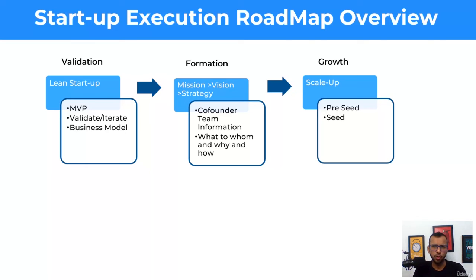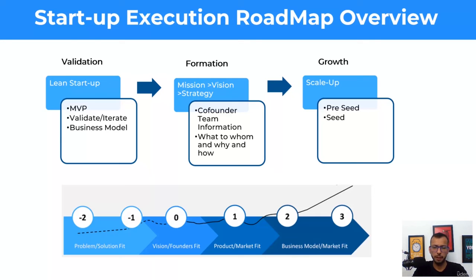Now that's a very short roadmap you have in front of you, but we can also go and learn a very complex roadmap. So remember, you first go from a -2 stage to a 3 stage, which means you first have a problem or solution with you, or let's say a startup idea. Then basically you go from a problem or solution startup idea to vision and founder fit, which is choosing your co-founders, hiring some initial people in your team.